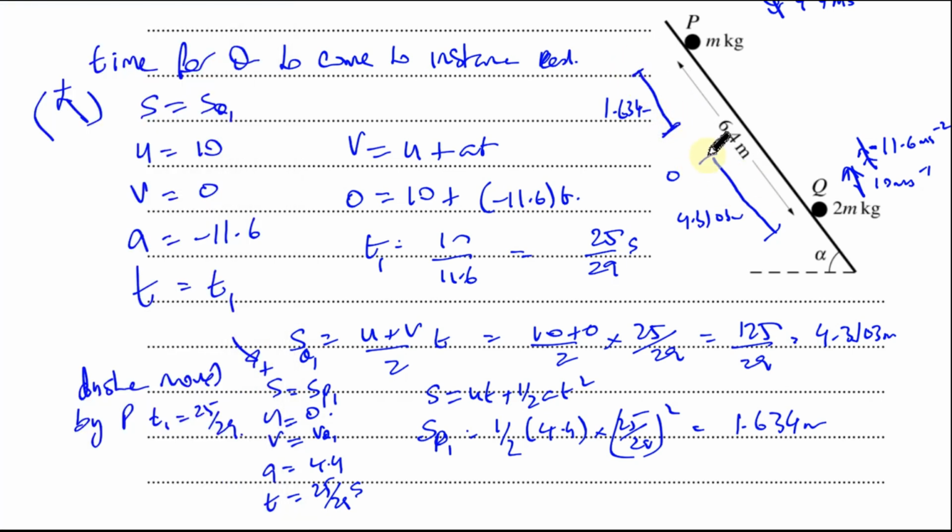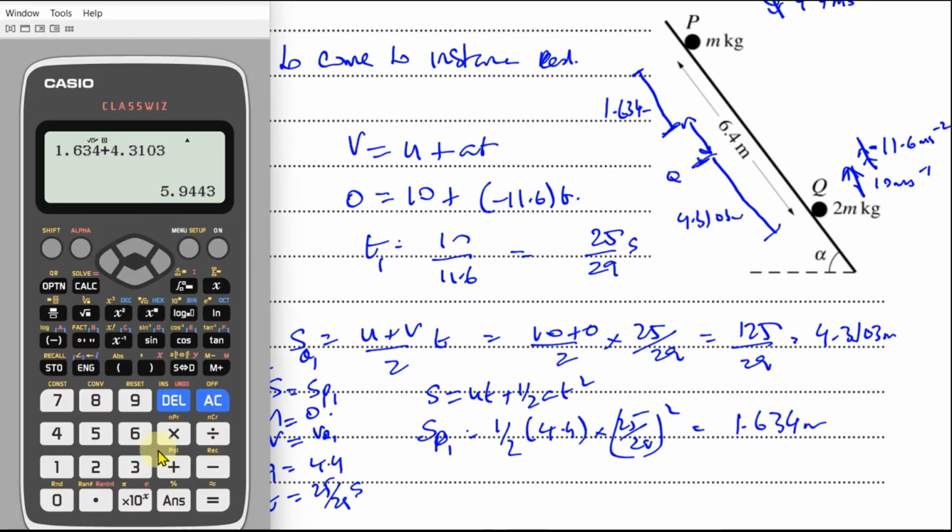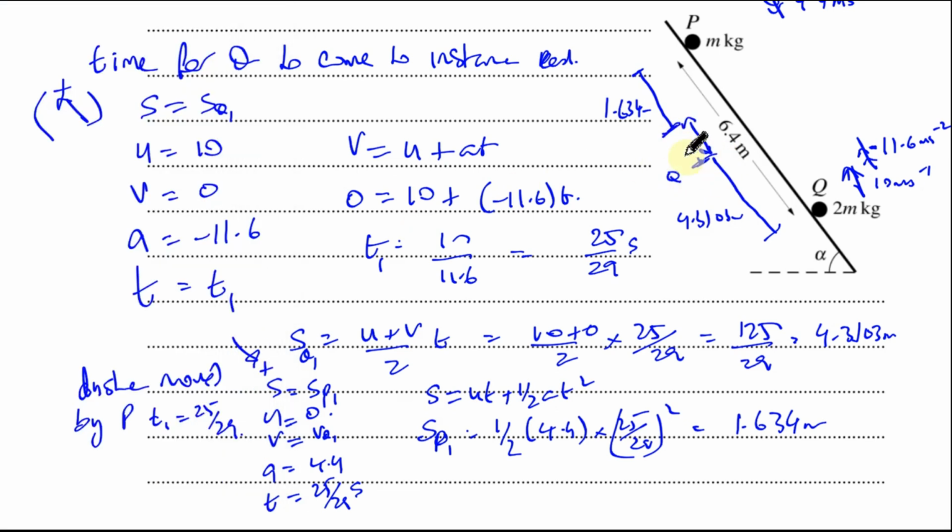So the distance between them at the point where Q comes to rest, this point here, is going to be 6.4 minus this amount. So 6.4, take away this amount, that's going to be 0.4557.